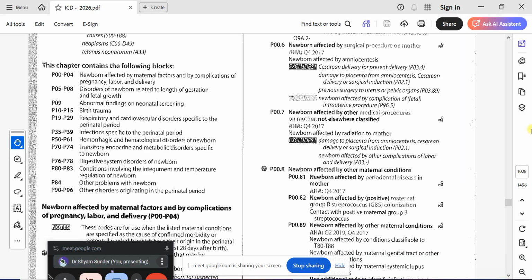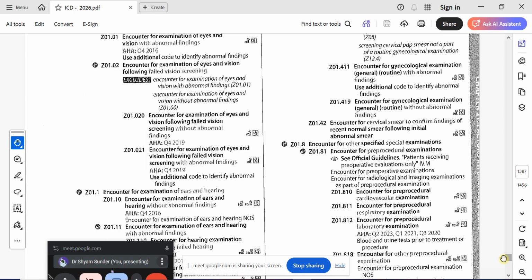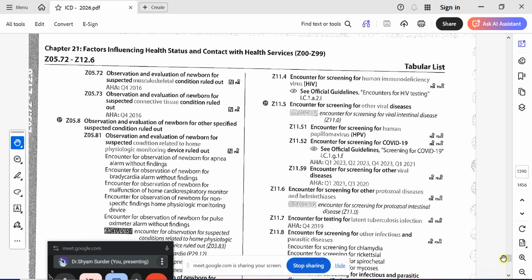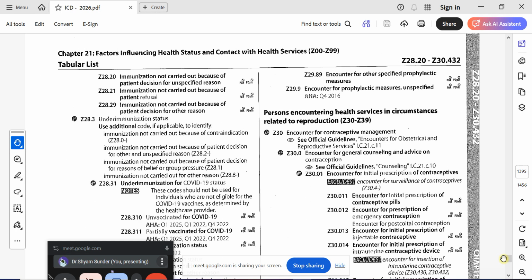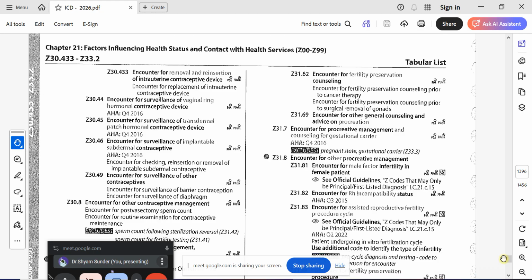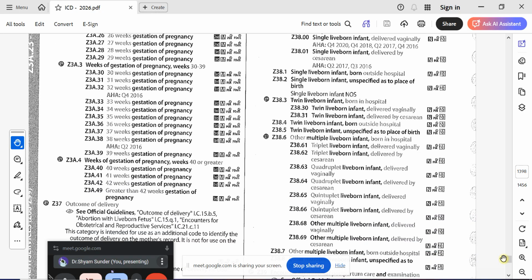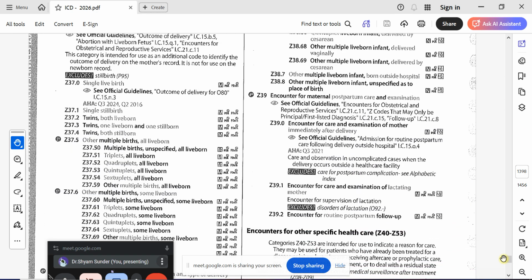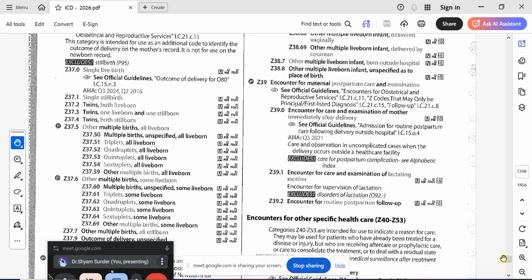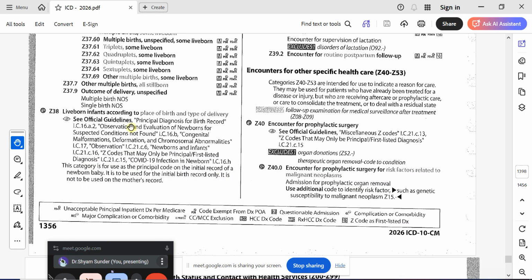Can you please go to Z38 in chapter 21? Z38 indicates whether the baby is from normal delivery or cesarean, and also whether the baby is single or twins or multiple births. That is the information you get from Z38.